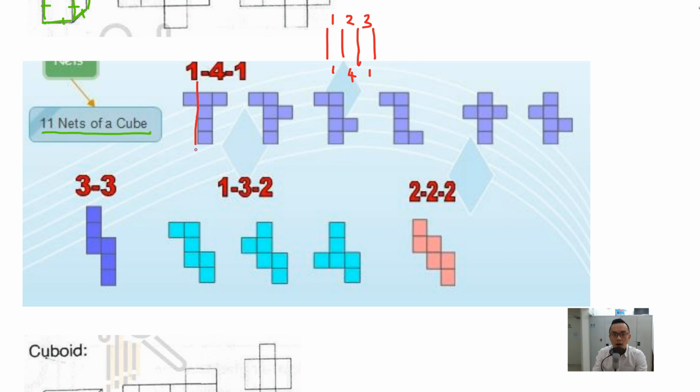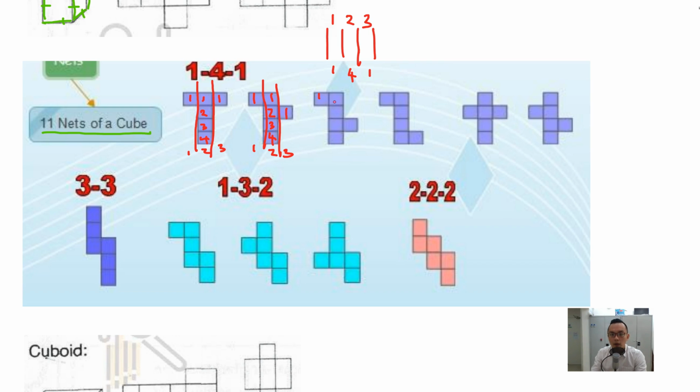This is column 1, this is column 2, this is column 3. So this is 1, 4, 1: 1, 2, 3, 4, and 1. Likewise, this is column 1, column 2, column 3, with 1, then 1, 2, 3, 4, and 1.